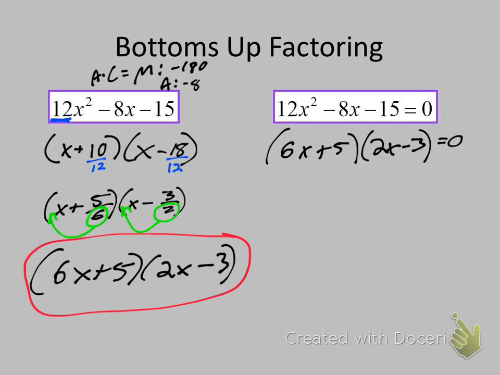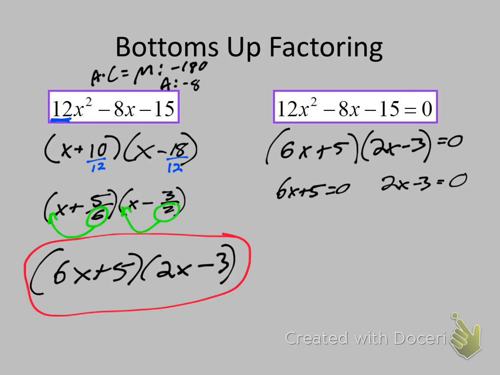You split them off into two. 6x plus 5 equals 0, 2x minus 3 equals 0. The only difference here is these could be two-step solves instead of one-step solves. Earlier we had one step where you just moved one number over. Here we have two where you move the number over and then divide.